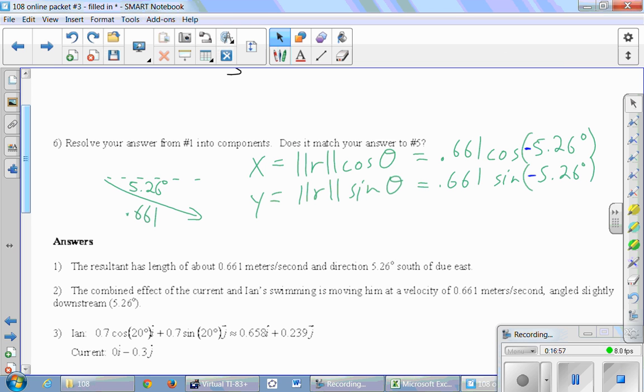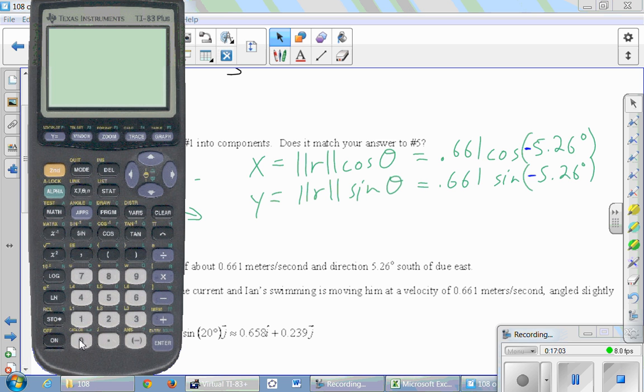So again, make sure that when you use these formulas for the components, you write the angle in its standard position version. We might get a little bit of rounding error because I'm not using the second answer, but that's okay. So we get that, and then the other one, 0.661 sine of negative 5.26.